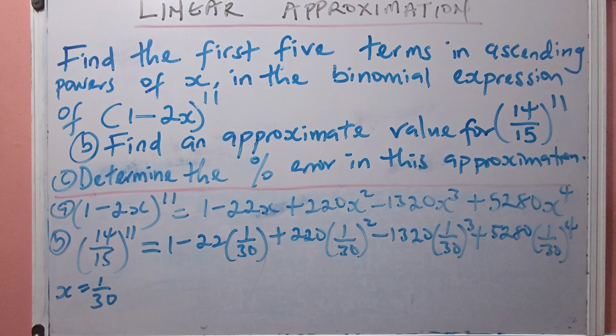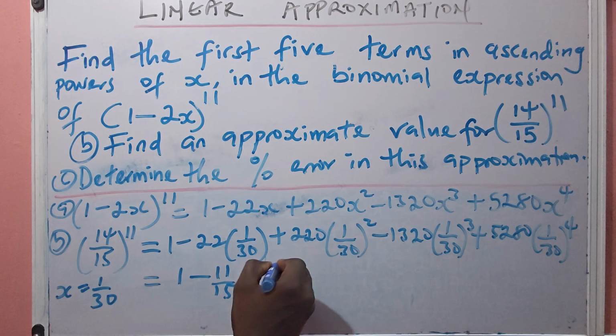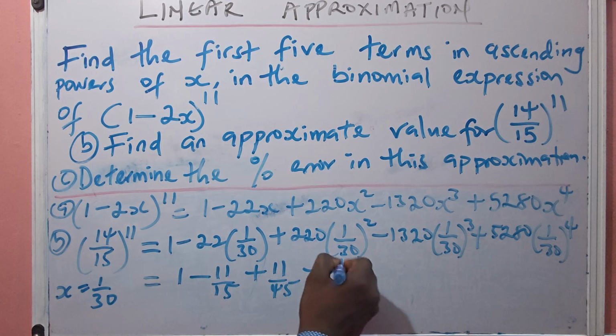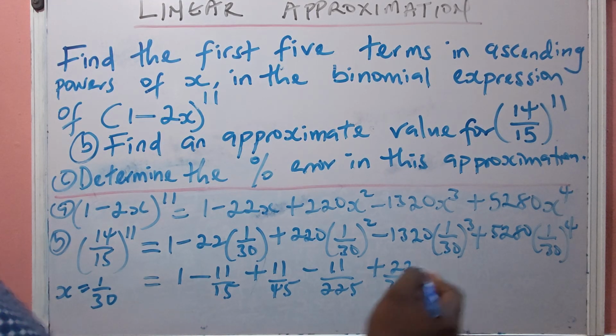Right? So you go on to make these calculations, and you're supposed to arrive at something of this form. Of course, 22 over 30, you'll be having 11 over 15. You go on to solve this, you'll be having 11 over 45. And this will be 11 over 225. And this will be 22 over 3375.